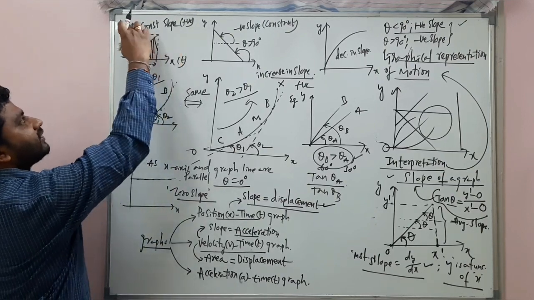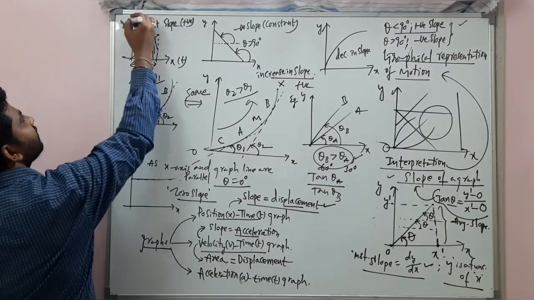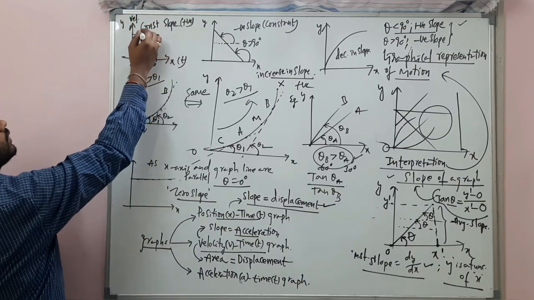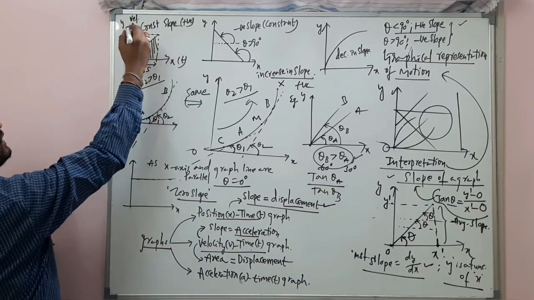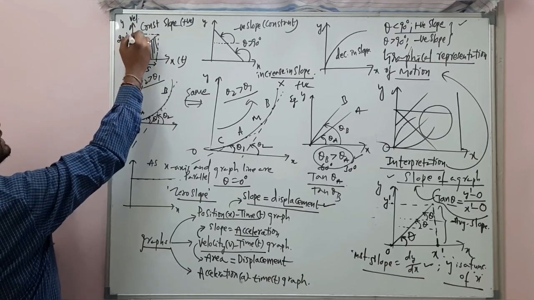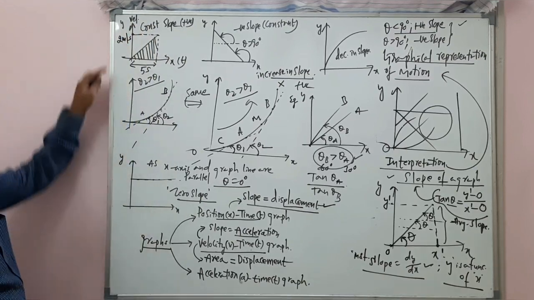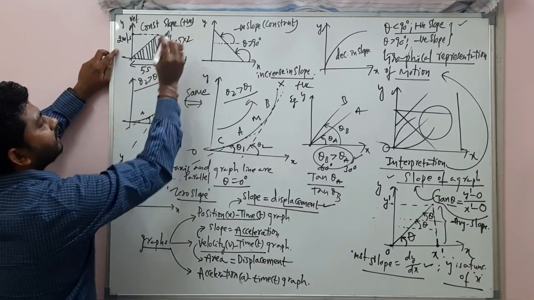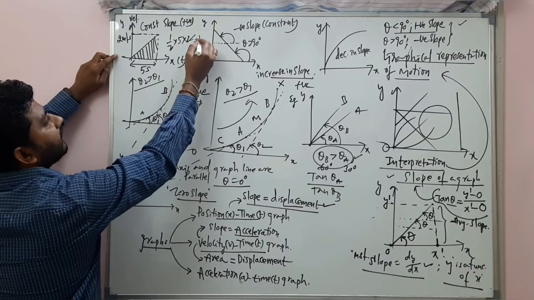Y-axis is represented with some physical quantity. Let's imagine that physical quantity is some velocity, right? So now here that velocity value may be some 2 meters per second. The area under the graph is how much? Half into base into height. See, there is some value here. It's 5 meters.